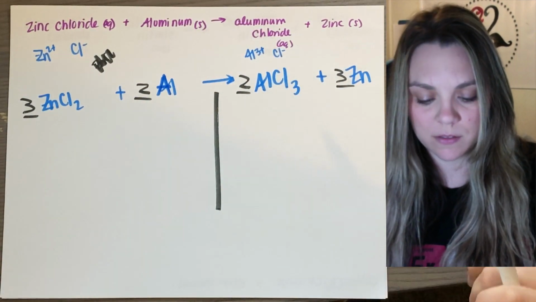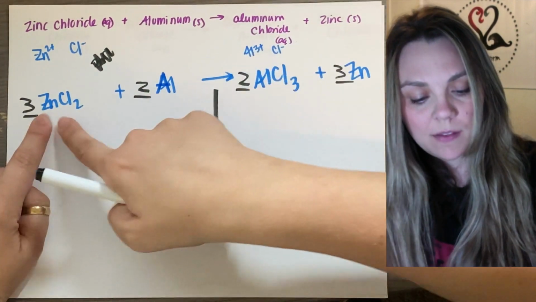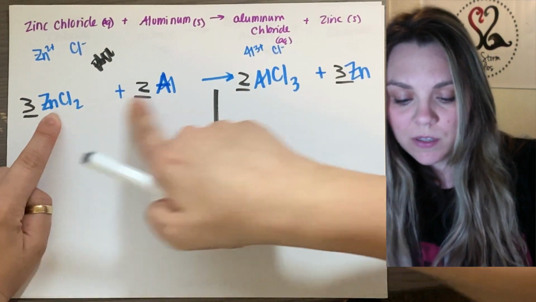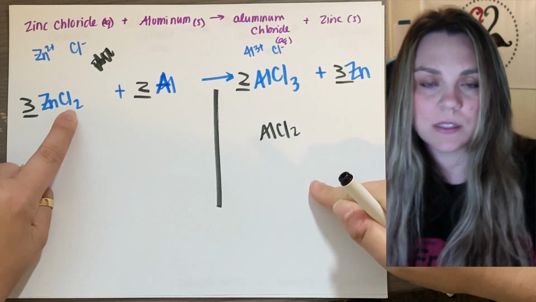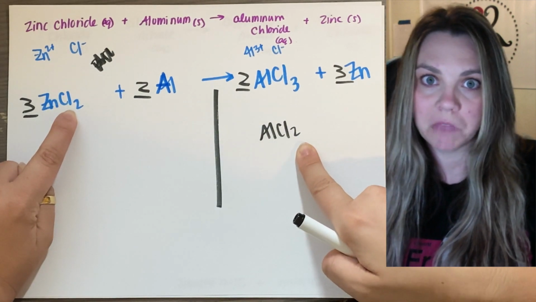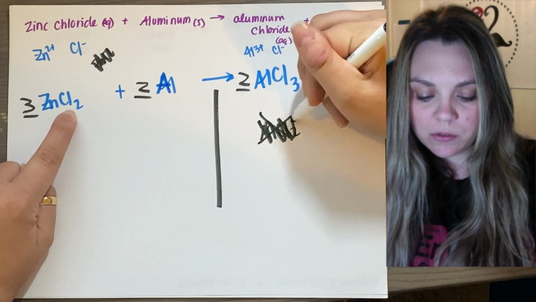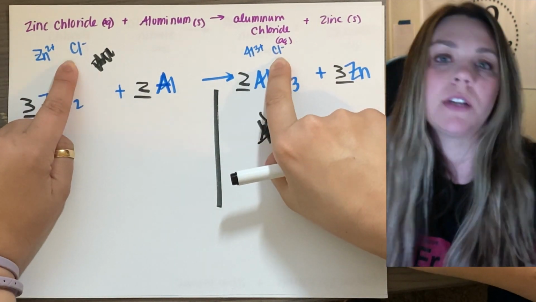Now I'm balanced. Okay. Honestly, the biggest mistake people make is they'll have zinc chloride, ZnCl2, and they'll say, oh, and I'm making aluminum chloride, so AlCl2, because there was a Cl2 on the left, so there has to be a Cl2 on the right, right? No. Okay. Boo. Don't let that be you. Actually, just take the time to write out the ions and make sure you're doing it correctly.